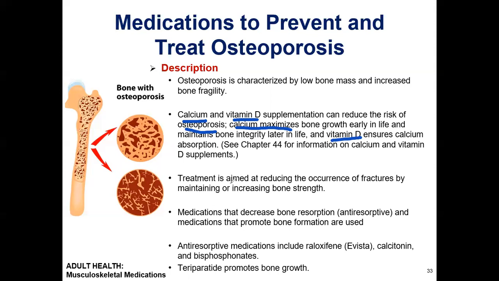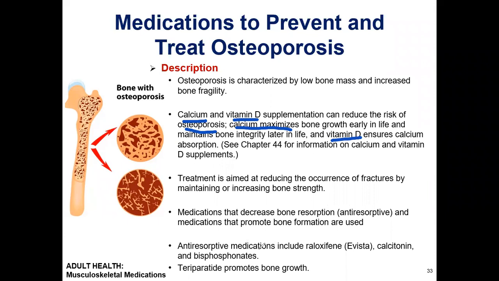The treatment aims at reducing the occurrence of fracture by maintaining or increasing bone strength. Medications that decrease bone resorption and medications that promote bone formation are used.